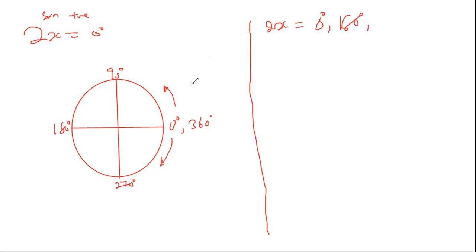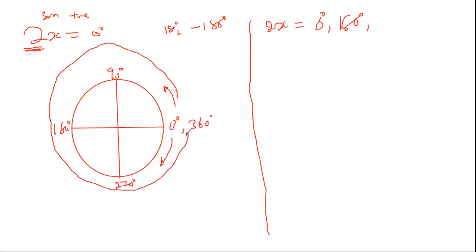Okay. So remember, we are still continuing. So since we have a 2x, we are going to move twice, 2 times, such that after dividing by 2, we get angles that fall in our range of positive 180 and negative 180. So if we have moved here, we are going to get back to here.